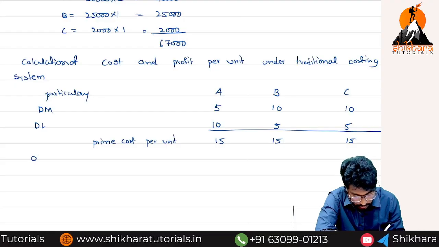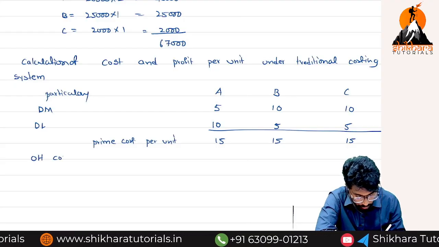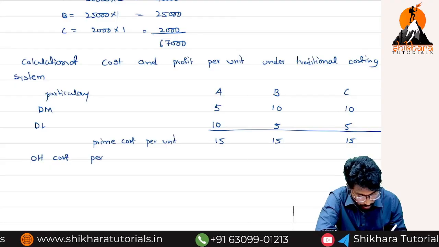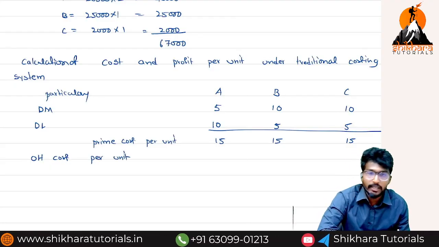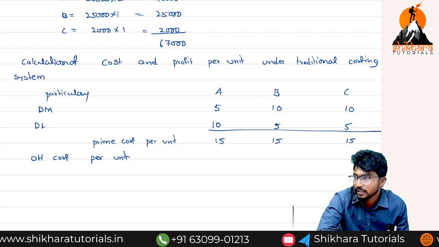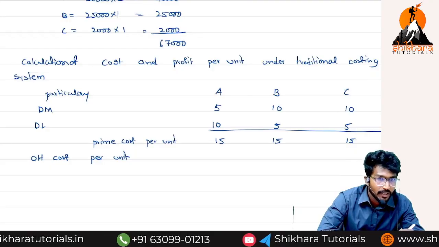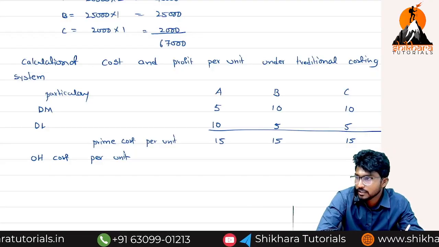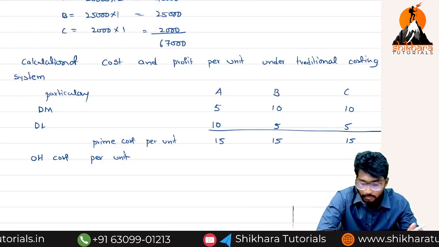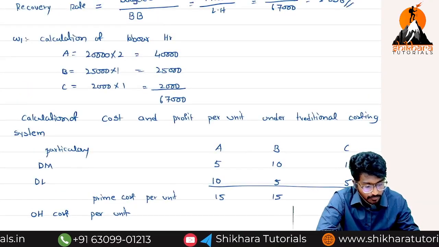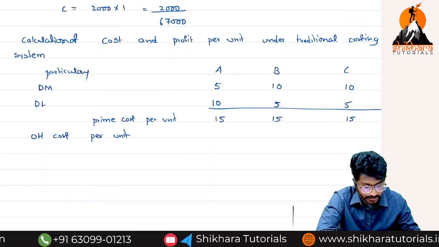Next, overhead cost per unit. A is consuming how many hours? You have to charge the overheads on the basis of labor hours only. A is consuming 2 hours. Per hour you have to recover how much? 2.836.